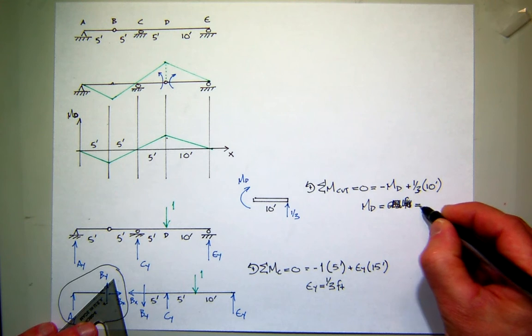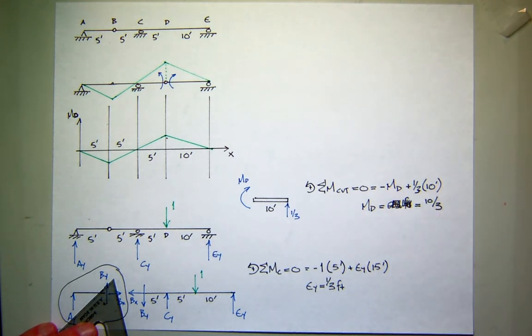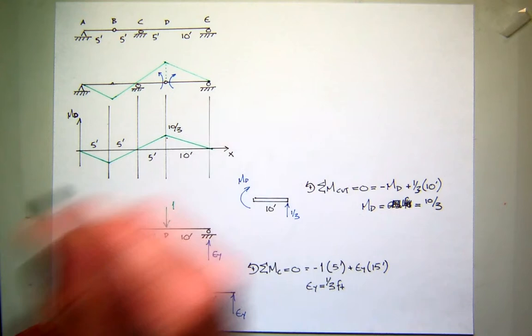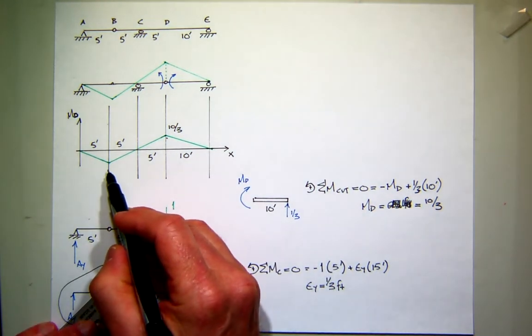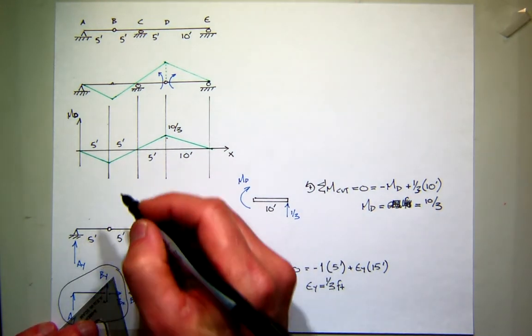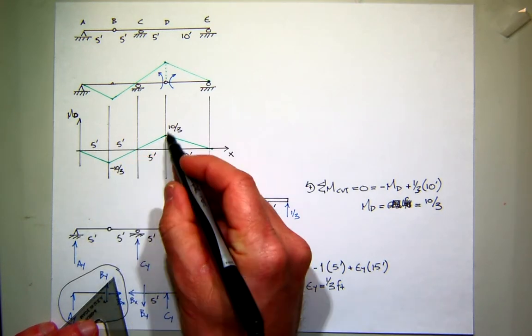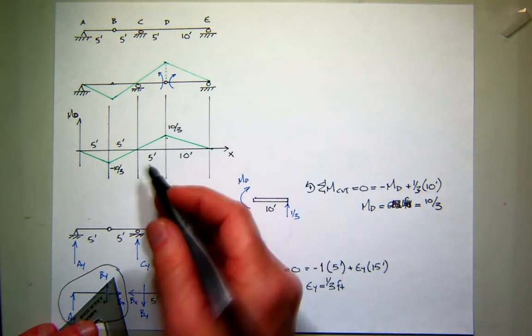So it should be 10/3. So that means this value is 10/3. So what does that make this value? Negative 10/3. Why? 10/3 is to 5 as what is to 5? They're the same. So there's your influence line.